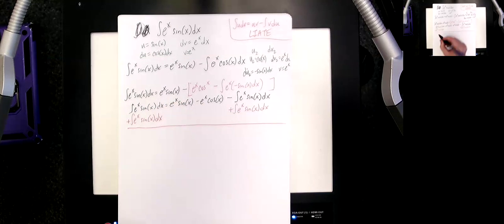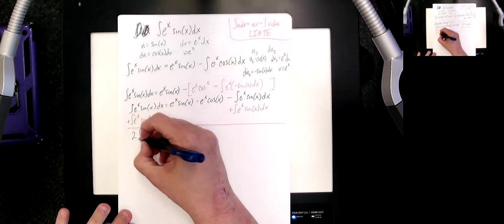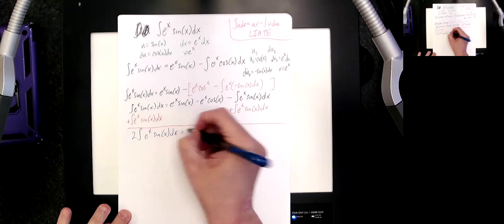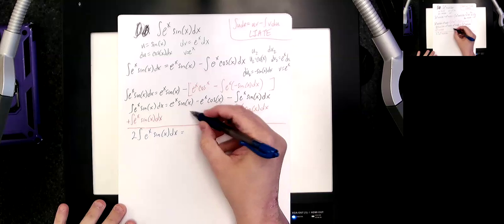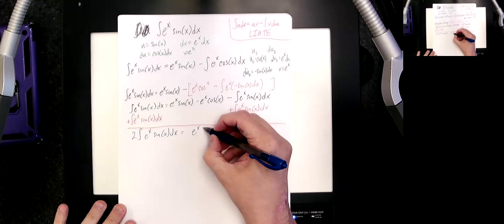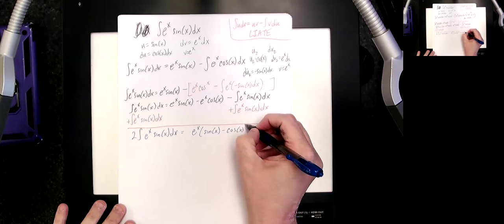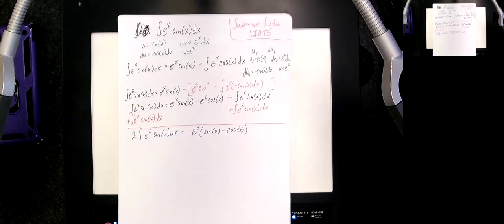Now I have 2 of those integrals, and I'm going to factor out the e to the x. I've got sine x minus cosine x on the right side. It's like magic right here. You're like, it got worse, it got worse. Wait a second. No, it got me right what I wanted.